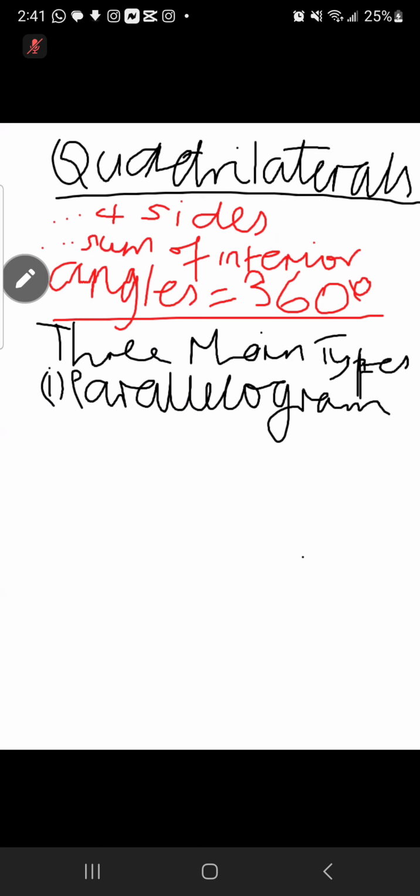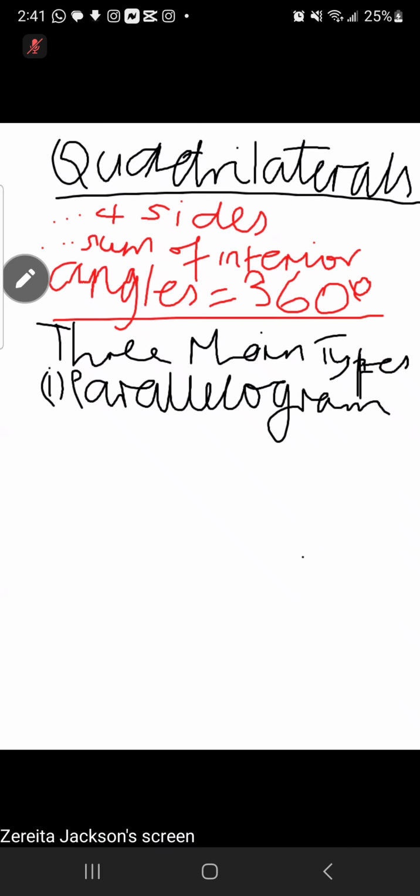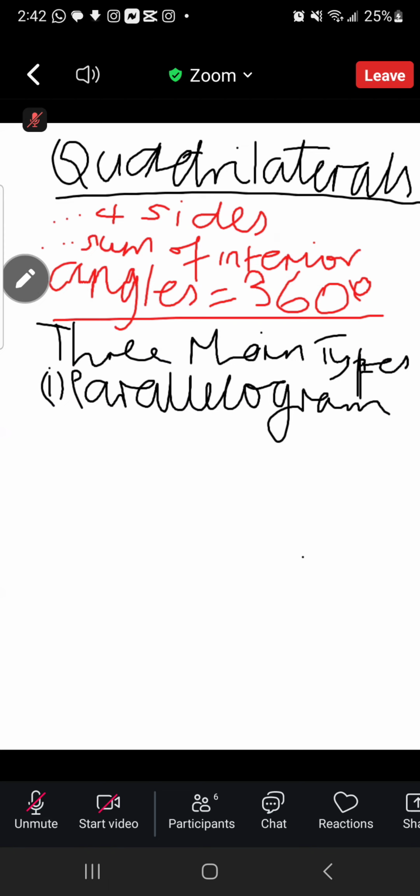Let's go from the top again. We're talking about quadrilaterals. What's a quadrilateral? A quadrilateral has 4 sides, a four-sided figure. What's the sum of the interior angles? 360 degrees.